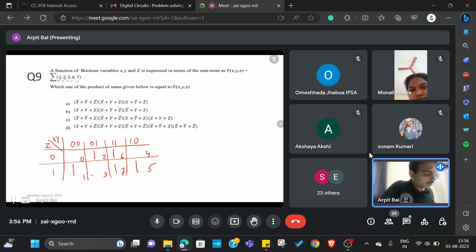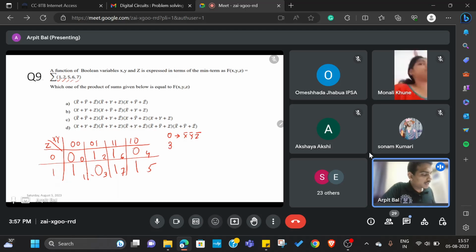Now we need to find out the product of sums. So the product of sums will be 0, 3, 4, and it needs to be represented in product of sums format. While representing it, whatever value is present, let us say at the 0th location, the value would have been x bar, y bar, z bar.